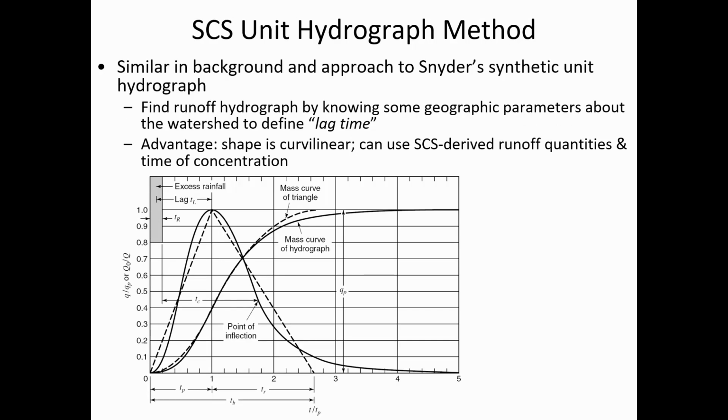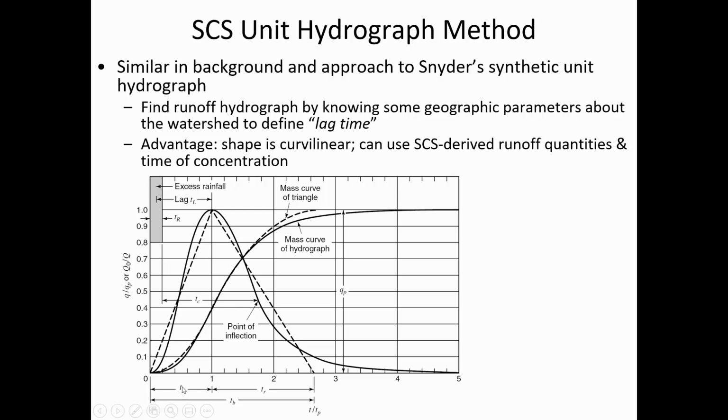In some ways it's akin to the Snyder method, where you're using physical data to predict a hydrograph. So this is similar to that, but it's more sophisticated because it allows us to have a curvilinear runoff shape. You can see that we have a general curve where we're defining some time to peak. Across the horizontal axis, these numbers 1, 2, 3 are all scaled to the time to peak.